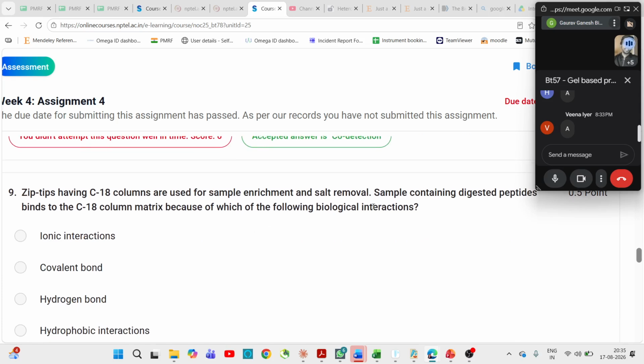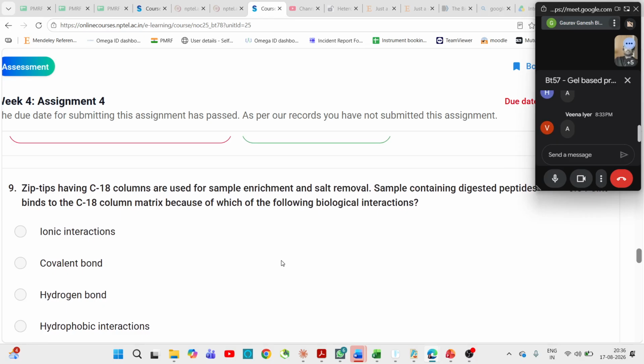So ZipTips are used for sample enrichment and salt removal for samples containing digested peptides, by associating with the column matrix. Because of which of the following interactions in the ZipTip? I think you all can guess the answer as well. You don't have to be silent if you are not getting what the answer might be.